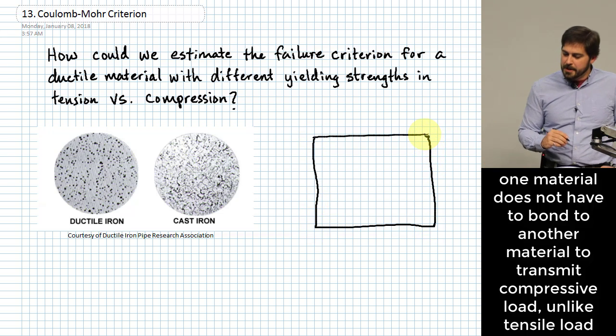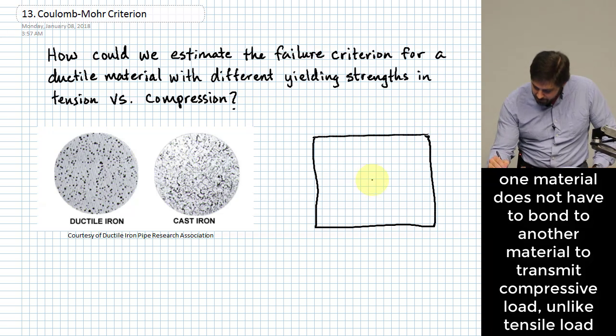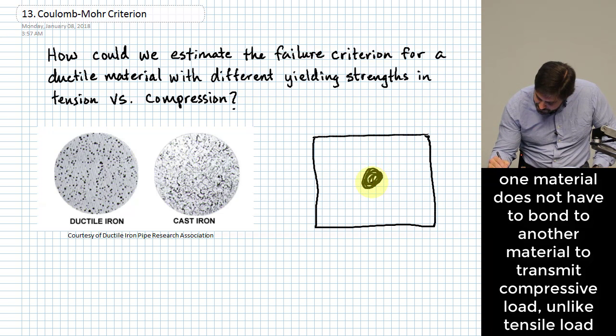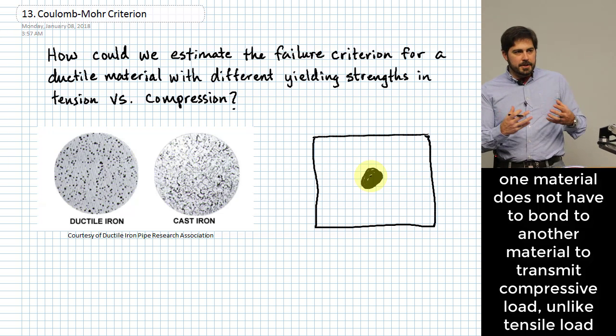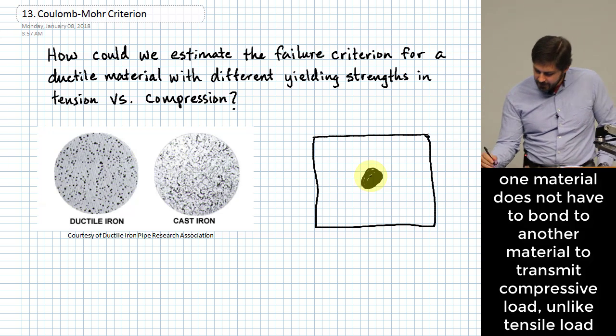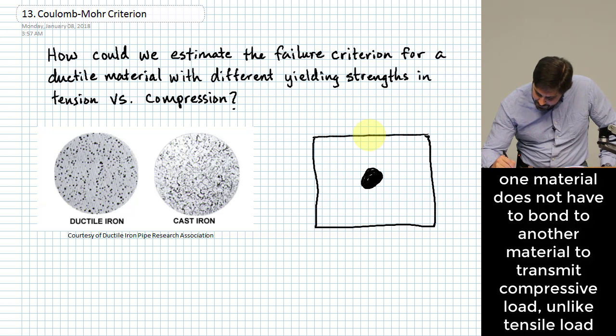You can think of it as being iron with a piece of graphite in the middle of it. Let's say this is one of those little balls of graphite in the middle of this sea of iron. And then we imagine loading it.